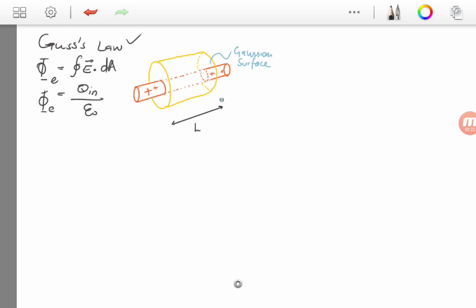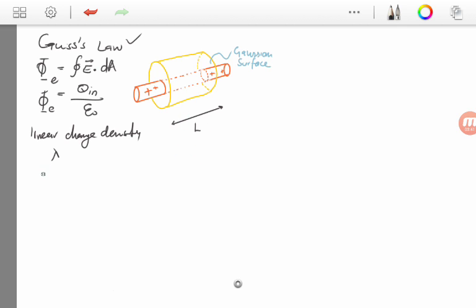The piece of information they gave us is that it has a linear charge density of lambda, and we are given the length.